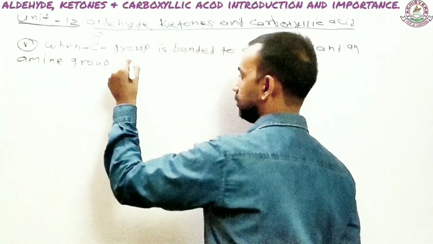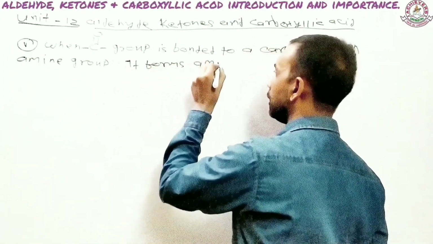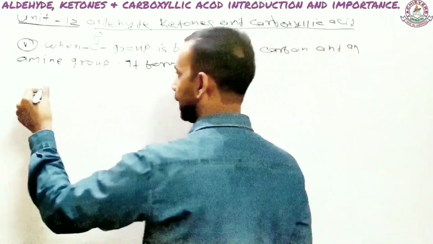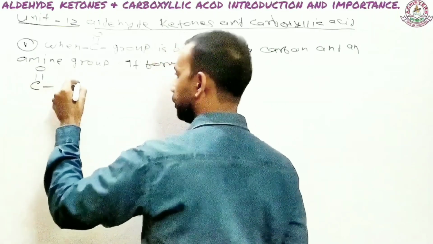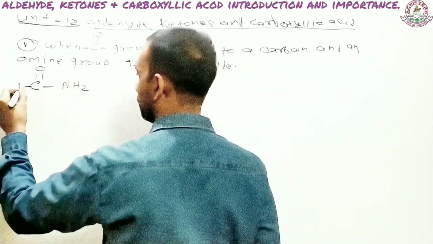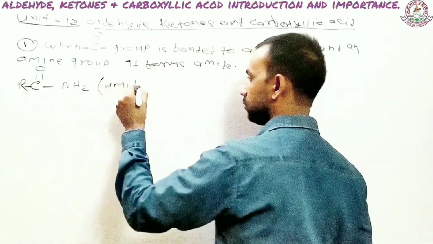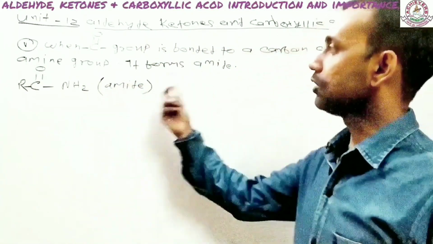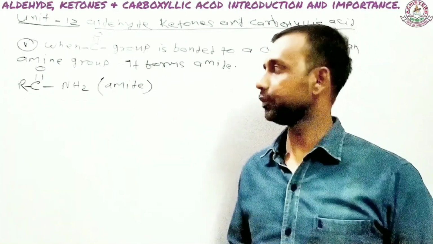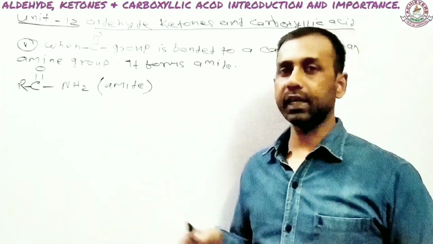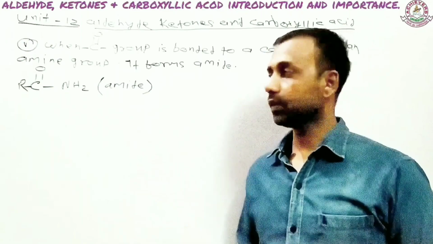It forms amide. So what is this like? This is C double bond O. On one hand you have an amino group, and on the other hand you have an alkyl group. So this is called amide. This is a very important constituent of protein, or I should say amino acid. So a carbonyl group can form so many different kinds of compounds. There are more to come, right?